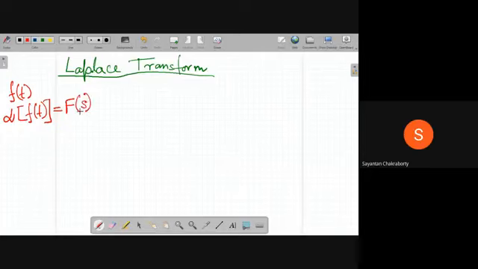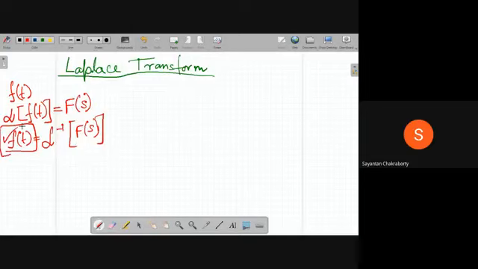Whatever you get as a solution of this differential equation using Laplace transform, you again need to convert back using inverse Laplace transform to obtain the actual time response, f(t) or x(t), which is what you desire.